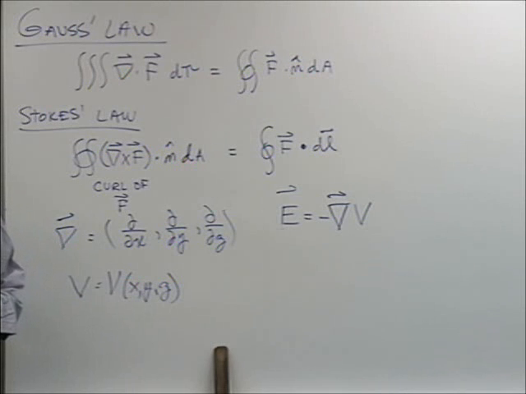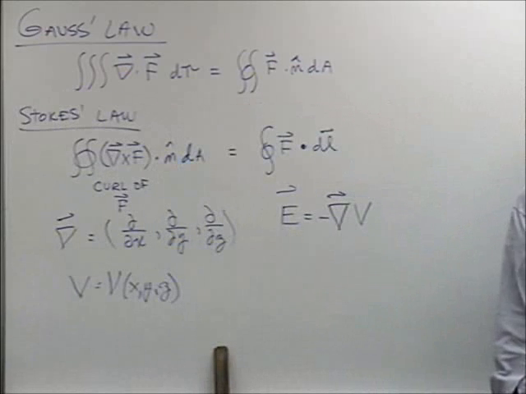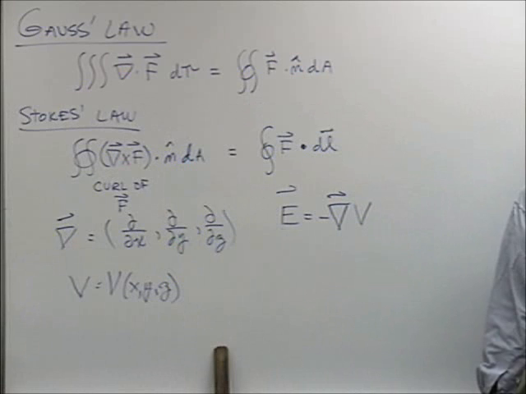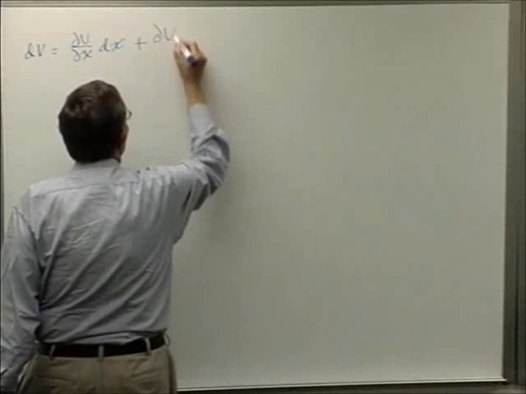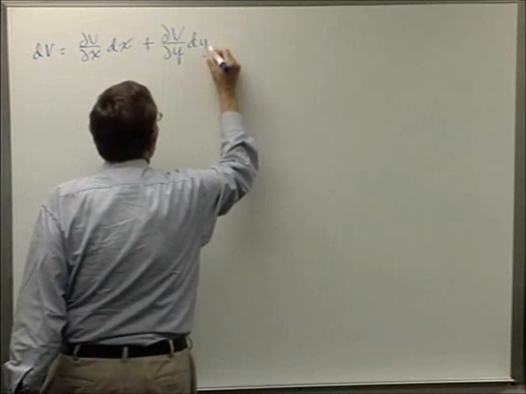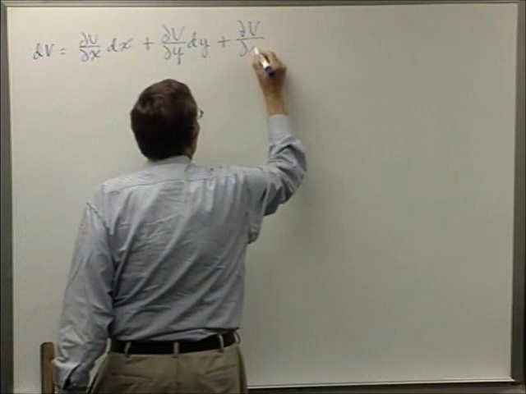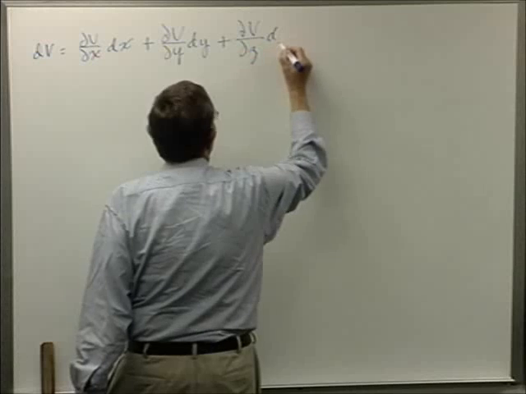Take a derivative. How do you do it if it's a function of x, y, z? dV is a change in V with respect to x along x, plus a change in V with respect to y along y, plus the change in V with respect to z along z.